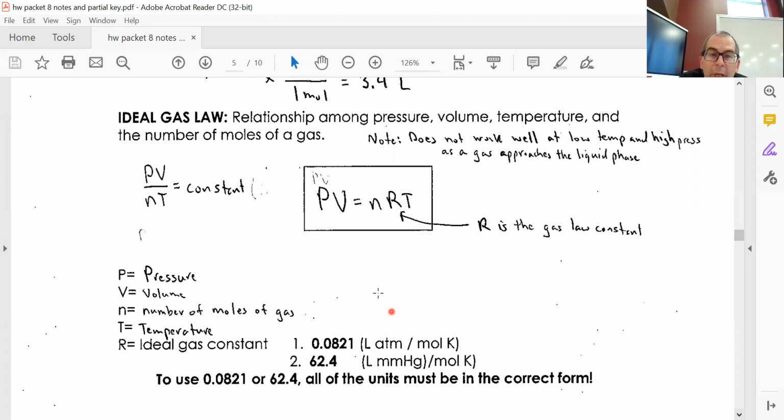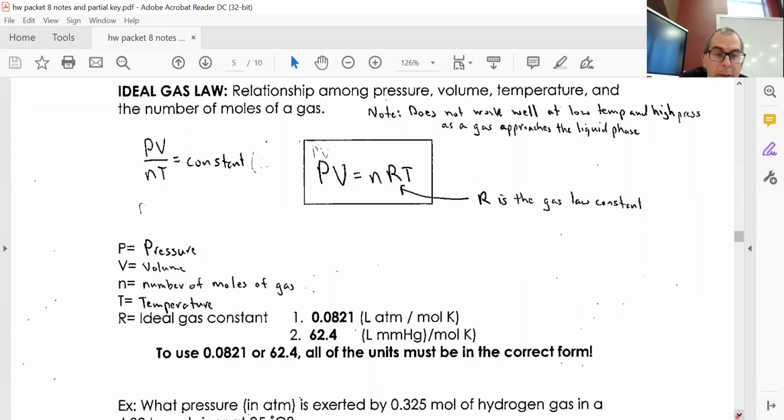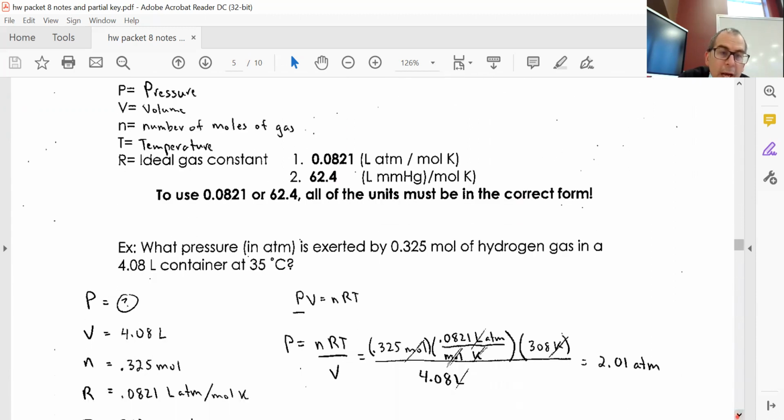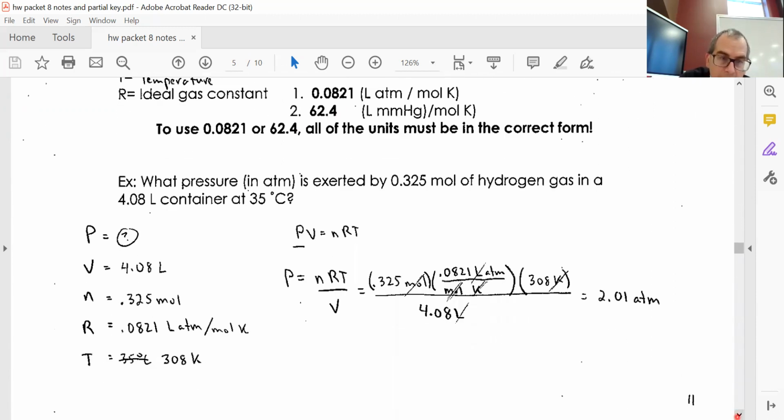So we're going to look at P, V, and T, which we've looked at before. R is this new constant. And now we're applying this concept where the number of moles affects things inside of a gas. And that makes sense. If you have more molecules of gas, that's going to affect, let's say, the pressure, all other things being equal, or the volume or something.